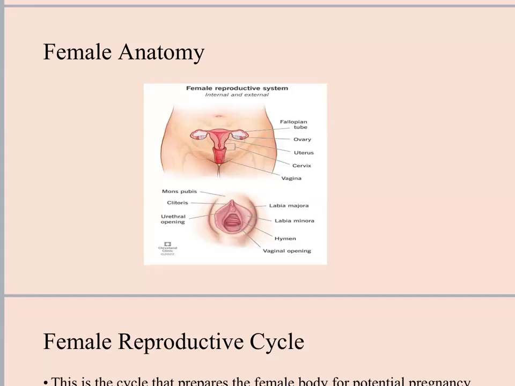And then we have the vagina, which is the passageway for menstrual flow, the site of sexual intercourse, and of course, childbirth. The vagina is an acidic environment. It has a pH of 4 to 4.5, and that is to protect against infections.